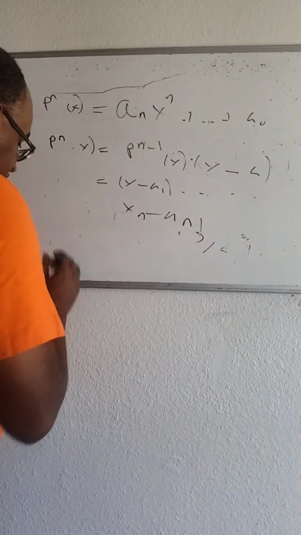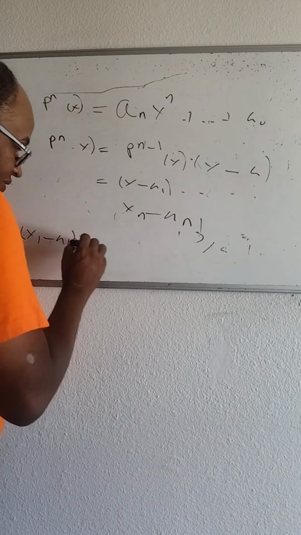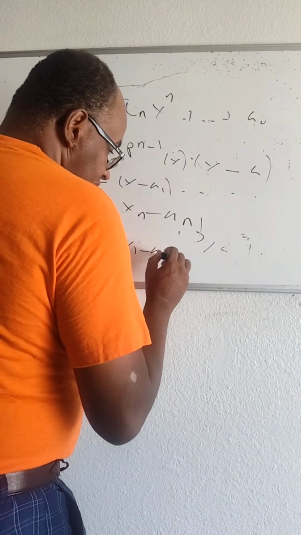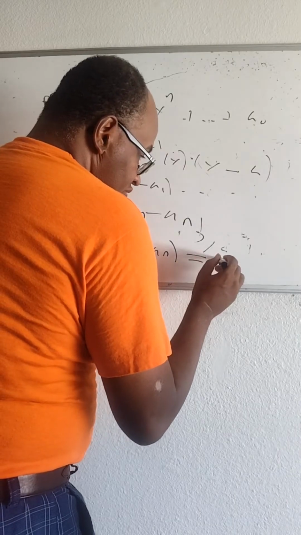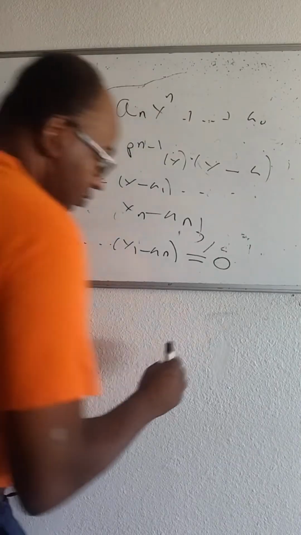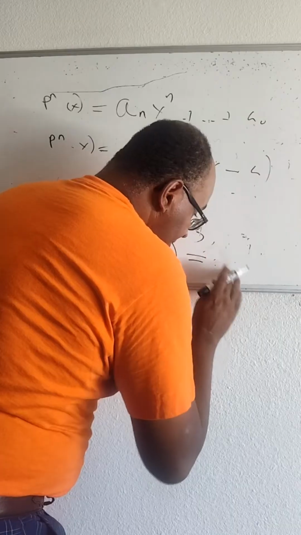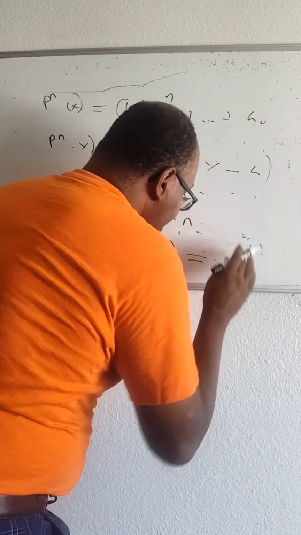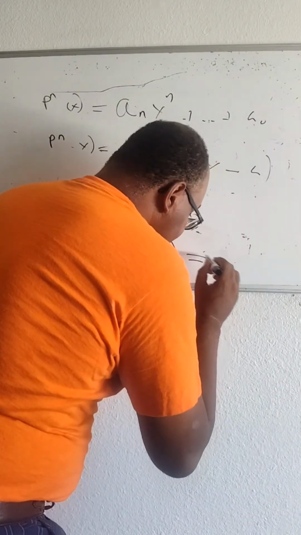And those factors will give us x1 minus a1, an minus xn, all equal to what? 0. Or in general, let's make it a number. So let's make it 0.